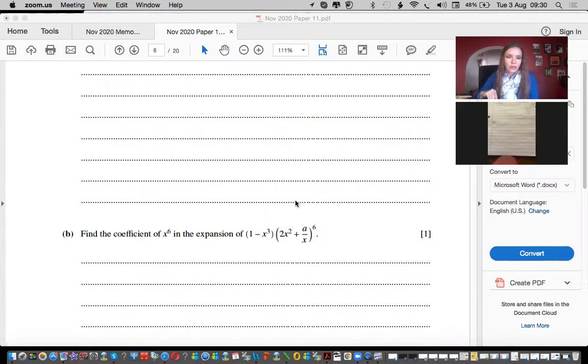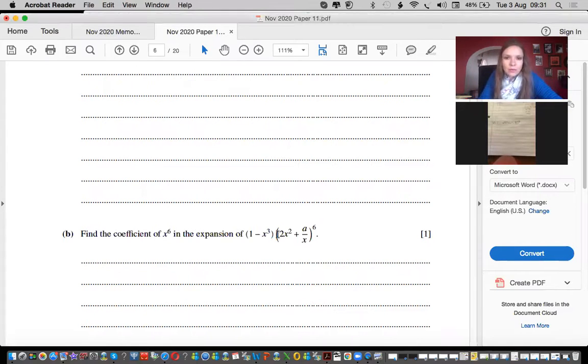There's always a hence, and this does get tricky. They say find the coefficient of x^6 in this expansion. So just notice that they could have said hence here, because there are some questions that are duplicated. This little bracket is exactly what we've been expanding, right? Just highlight it.